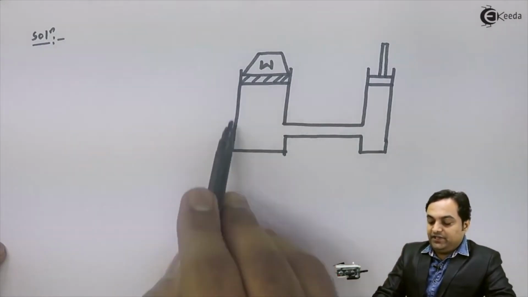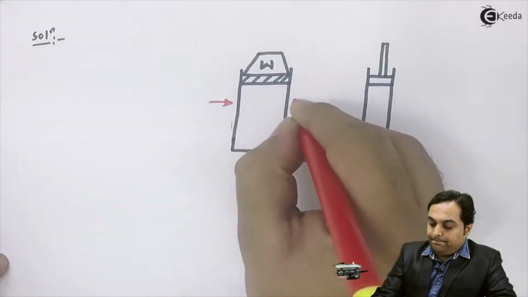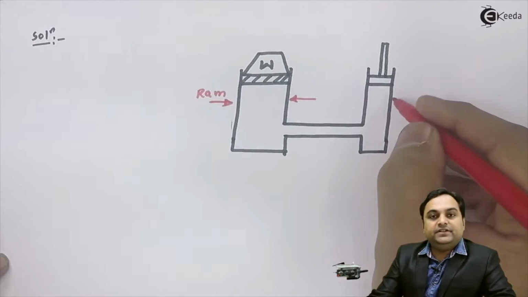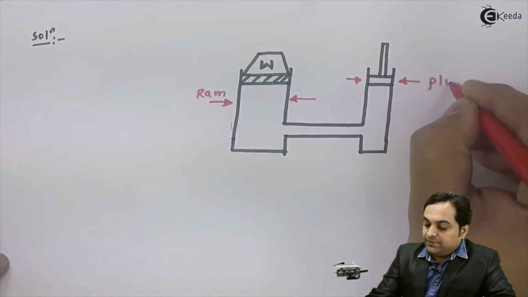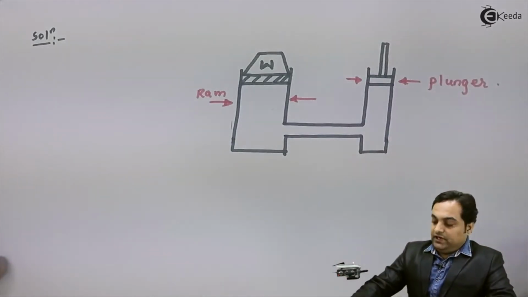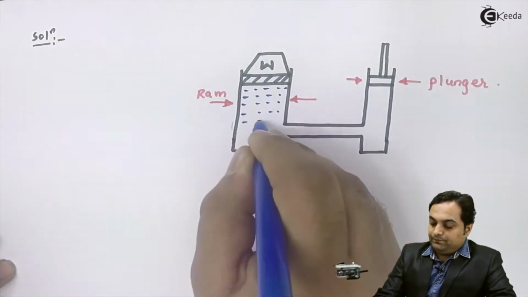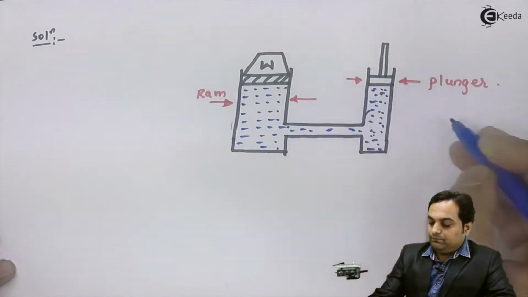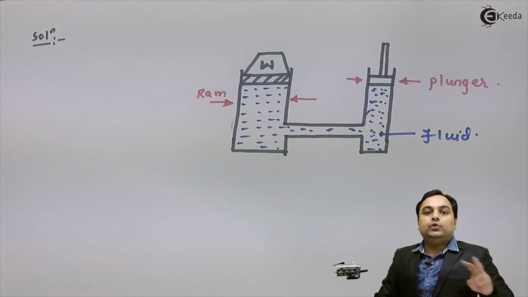One end is having a bigger diameter, that would be called as ram, and the other end is having a smaller diameter. This would be called as the plunger. This hydraulic jack is filled with a fluid. Now, in this problem, two cases are given.